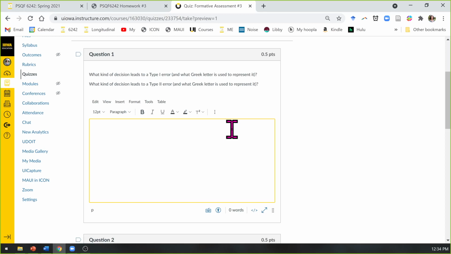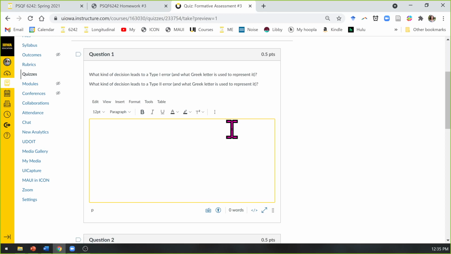So you set an alpha too high, and then you reject the null hypothesis when there really is an effect. Yes, so a type 1 error is a false positive. When you think you found something, but the null hypothesis is actually true. And you control the percentage with which that is expected to happen as your alpha rate.